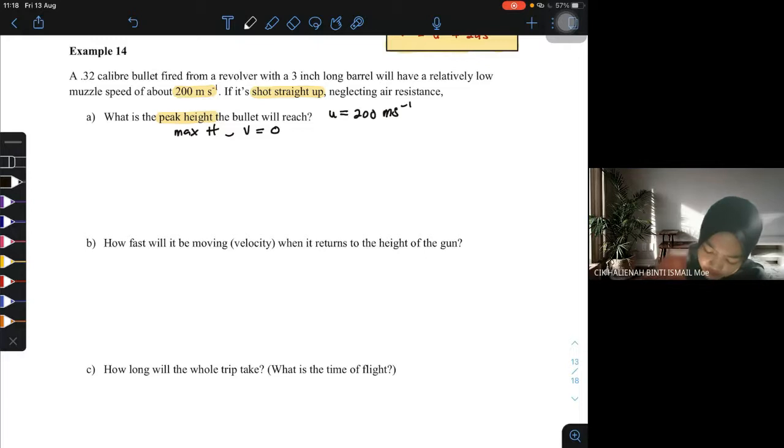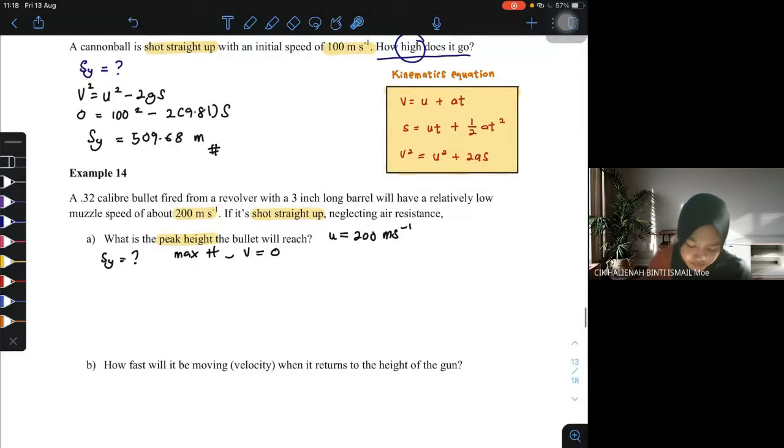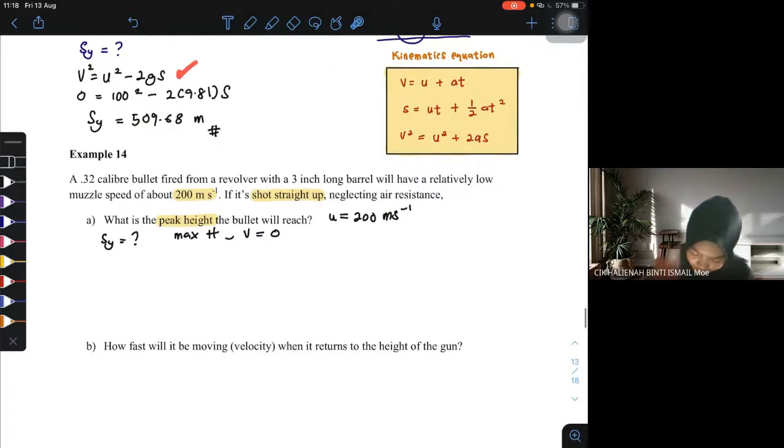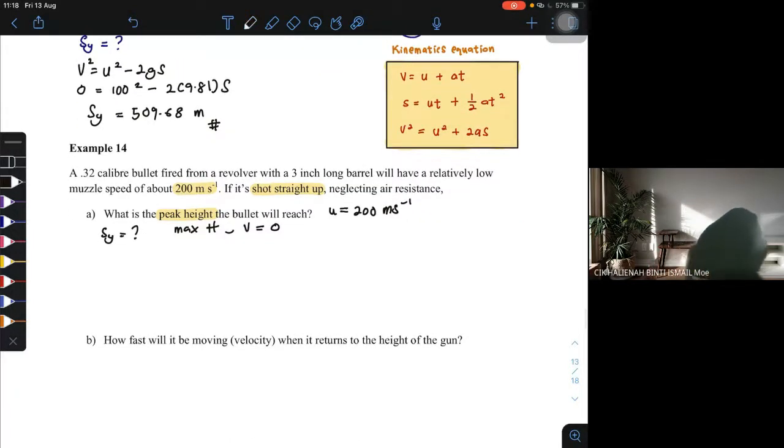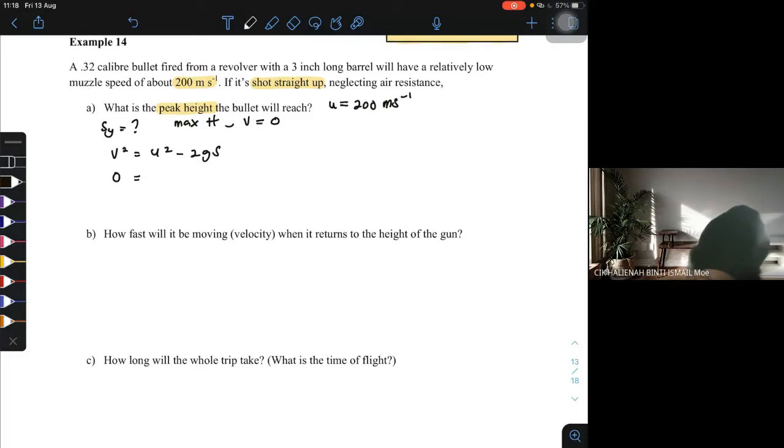Now we want to find Sy. So use the same formula as before, which is V square is equal to U square minus 2GS. V is 0, U is 200, minus 2G, and we want to find Sy.